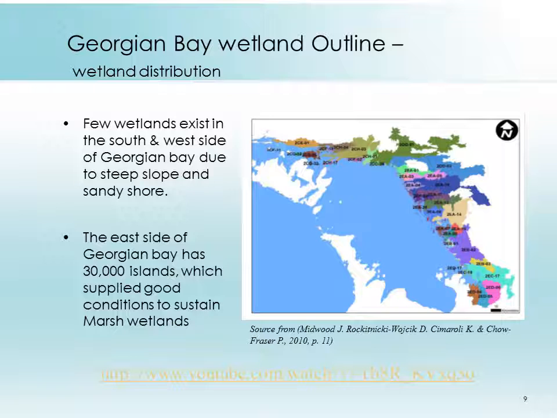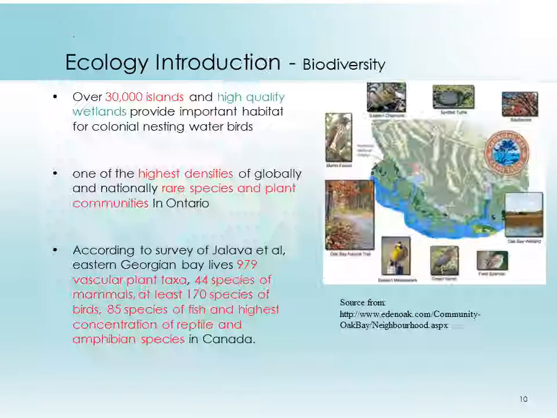Few wetlands exist in the south and the west side of Georgian Bay because of steep slope and sandy shore. The east side of Georgian Bay has 30,000 islands which supply good conditions to sustain much wetland.